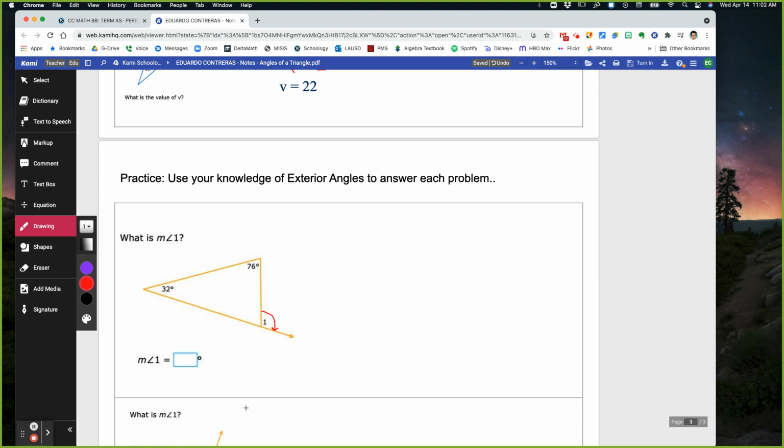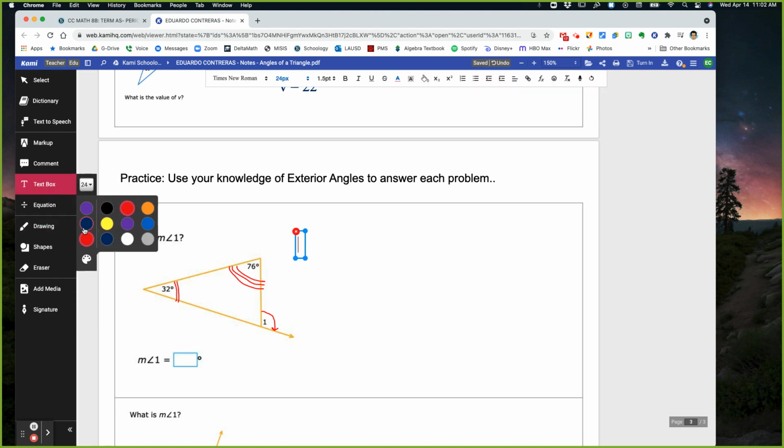So angle 1, I don't know the measurement, but I know that if I add these two other angles, this angle and this angle that are non-adjacent, give it 3 loops. If I add those two up, it has to equal the measurement of angle 1. So basically, I could say, go back here, the measurement of angle 1, all I did is put the angle sign, equals 32 plus 76.